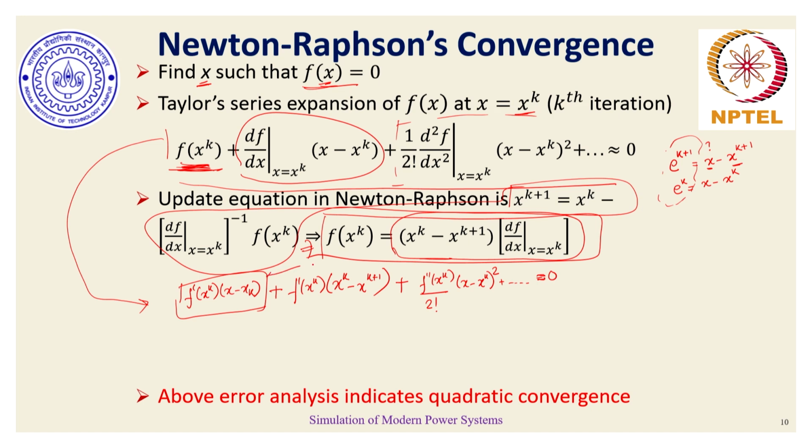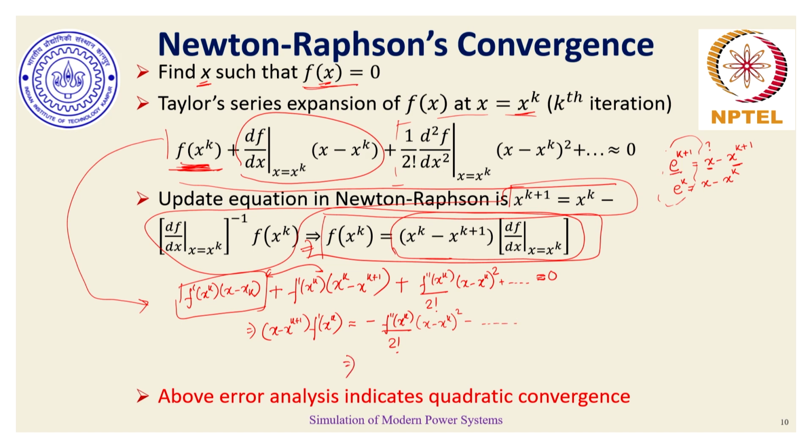Now, if I merge these two expressions, because f prime xk is common, I get (x minus x(k+1)) into f prime xk. F prime xk is a known quantity, it is not an unknown. It is equal to minus f double prime xk, which is again a known quantity provided the double derivative of f exists, into (x minus xk) square followed by other terms.